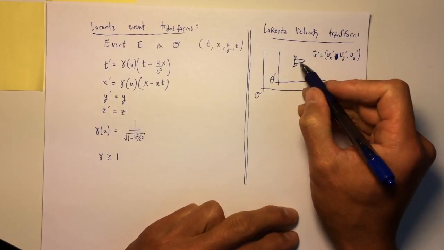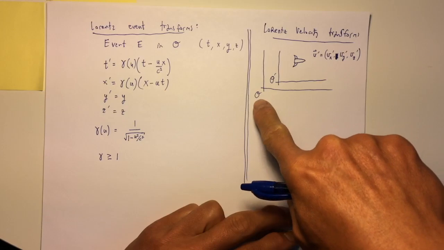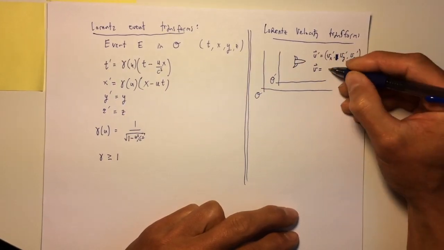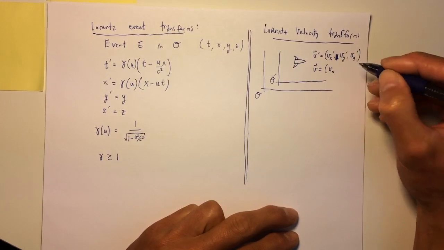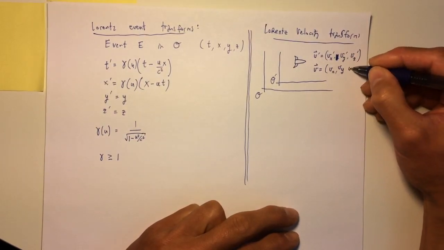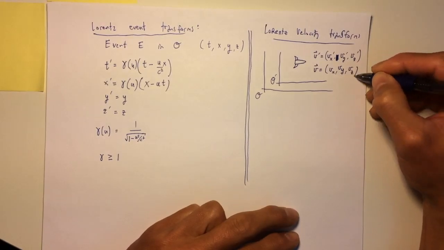But the very same rocket ship can be observed by O, and O will assign a different set of values in general, vx, vy, and vz, right?